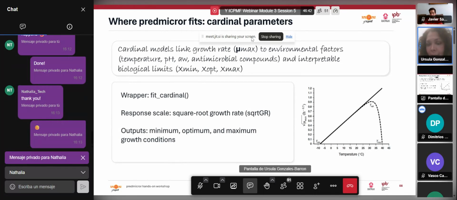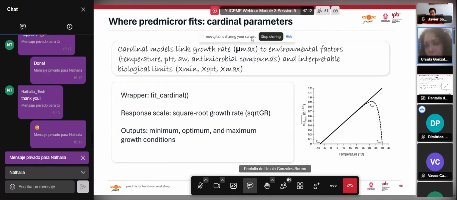As you can see in this graph, for the full cardinal model, you have the representation of the shape of a cardinal model for temperature, where the growth rate is related to temperature. Always, this growth rate must be in a square root when we use the fit cardinal wrapper.